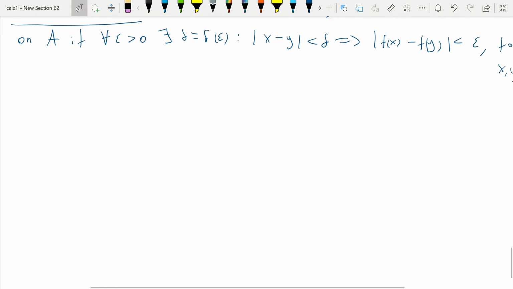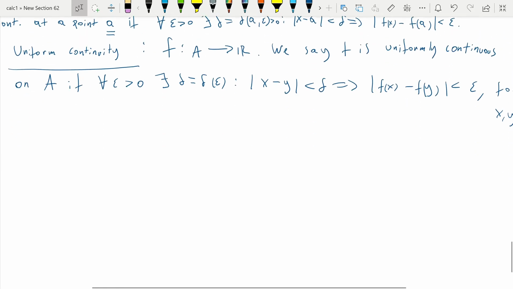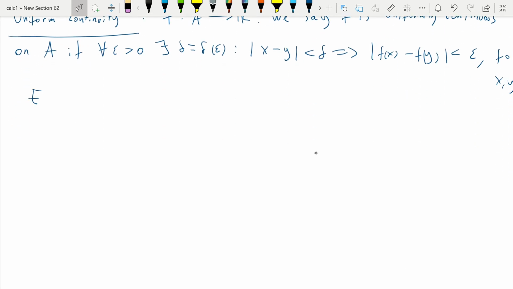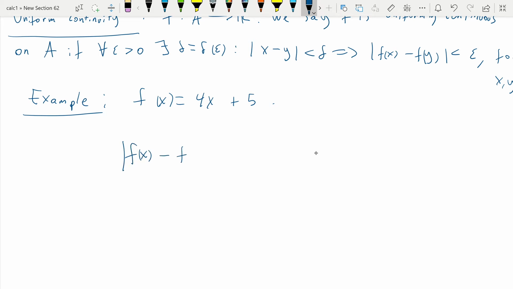So one example of a uniformly continuous function are the affine linear functions. So if f of x is, say, 4x plus 5, then what is f of x minus f of y in absolute value?